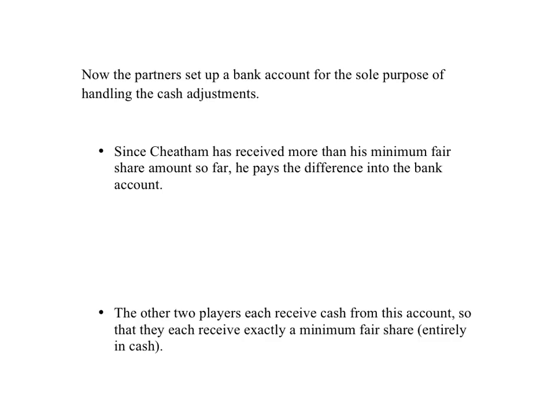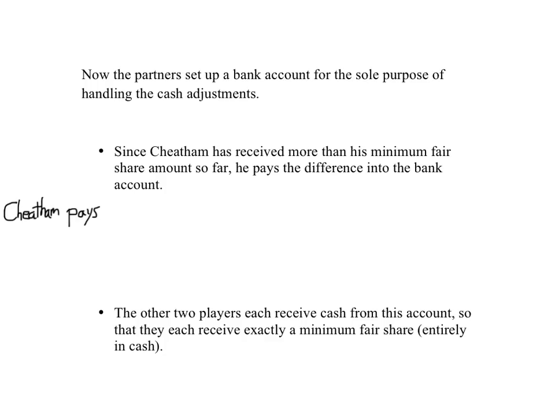To carry this out, now the partners set up a bank account for the sole purpose of handling these cash adjustments. Now, since Cheatham has received more than his minimum fair share amount so far, he pays the difference into the bank account. How much is that?